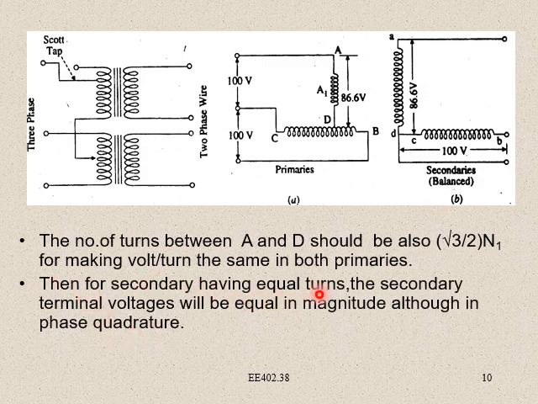Then for secondaries having equal turns, the secondary terminal voltages will be equal in magnitude, although in phase quadrature.